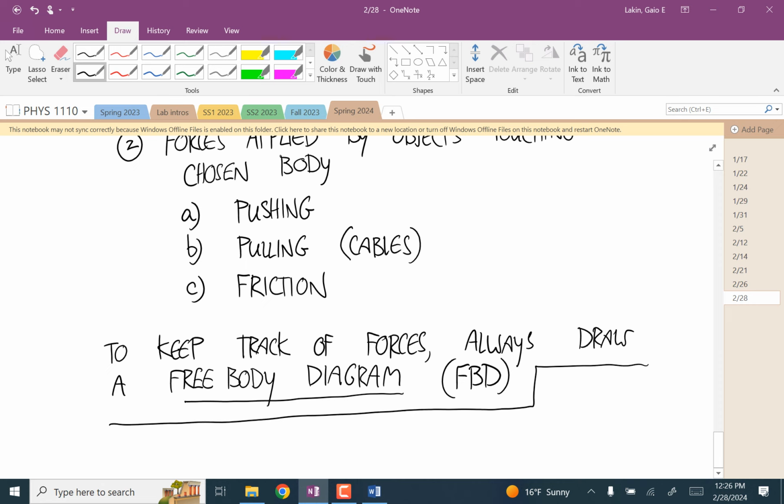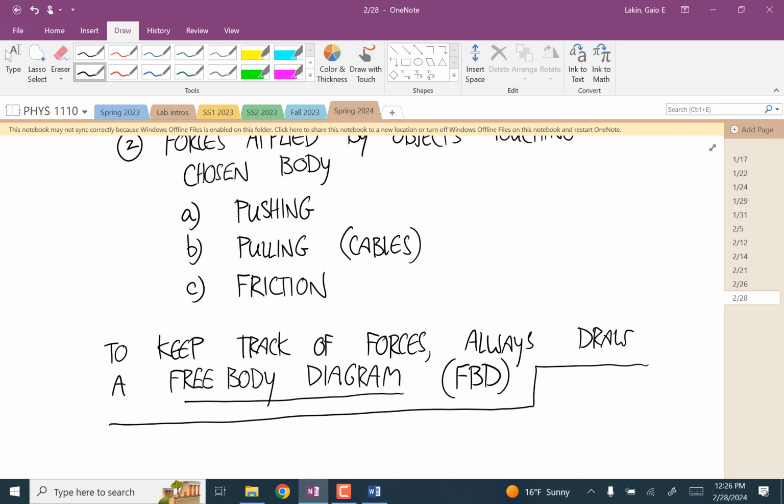And the phrase free body diagram comes from the fact that we're going to choose the body that we're going to do the analysis for. And then we're going to take everything else out of the problem. Nothing else is going to exist in our diagram except the outline of the body, and then anything that's touching the body, it's not going to be represented as a drawing or anything.